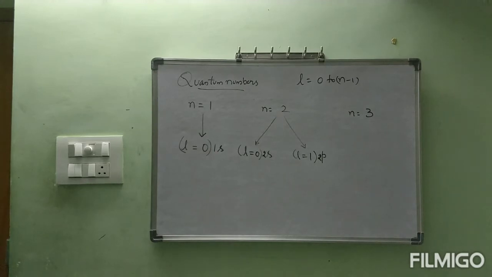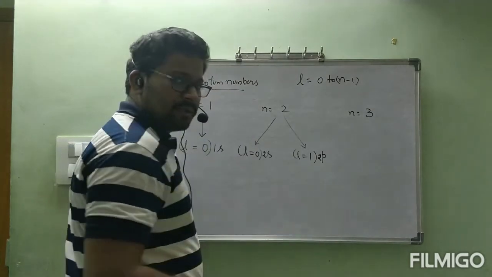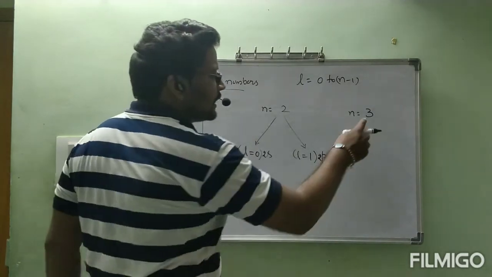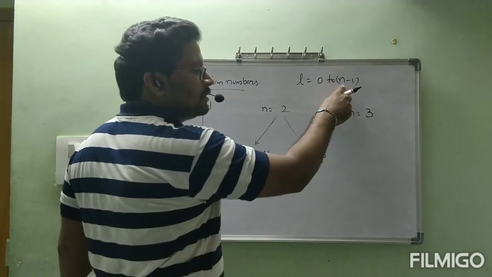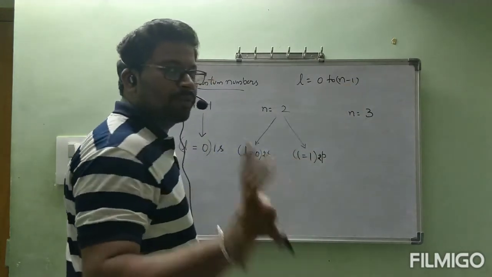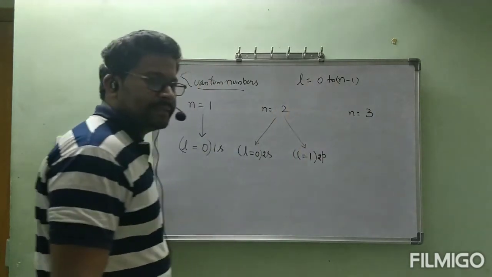Coming to N is equal to 3. Keep this 3 here. 3 minus 1, 2. Now, what are the L values? 0 to 2.